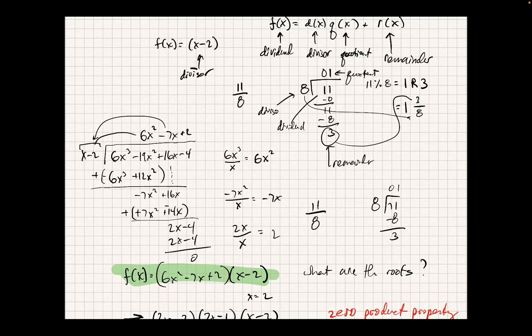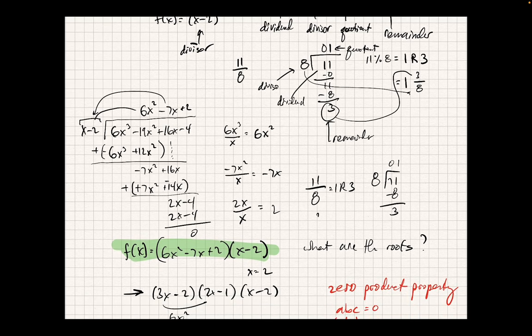I would say maybe the 4th grade way of writing this would be 1 remainder 3. The slightly upgraded version is 11 over 8 is 1 and 3/8. Where did the 3 come from? The remainder, in the numerator. Where'd the 8 come from? The divisor, in the denominator.